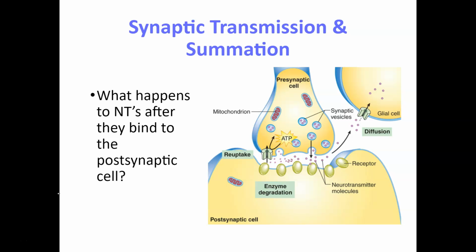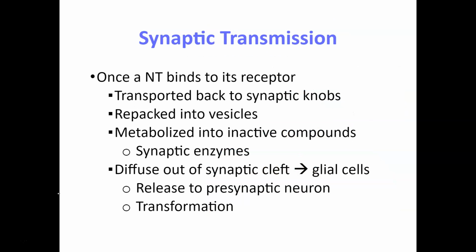So what happens then to our neurotransmitters after they bind to the postsynaptic cell and cause EPSPs and IPSPs to happen? Well, there are a number of different things. They can be transported back to the synaptic knobs from whence they came, and they can be reused.